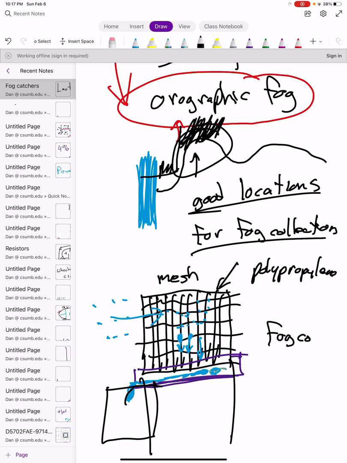And a fog collector is really supposed to represent or mimic a tree, because this is what a tree does. A tree that's in the fog zone is going to have leaves or needles whose structures are designed through evolution to capture the fog water, which then drips down onto the roots of the tree. Or in some cases, some trees actually can absorb some of that water through their stomata. And it also reduces the amount of evapotranspiration that the trees usually undergo.